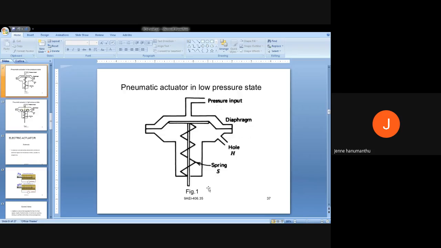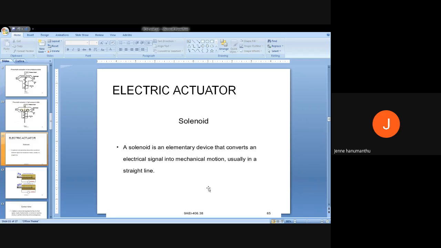First of all, we have the electric actuator, right? In electrical actuators, first of all, what is an electrical actuator?